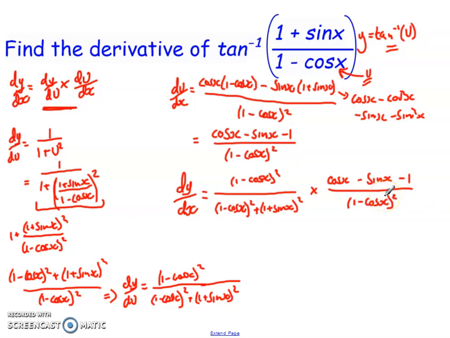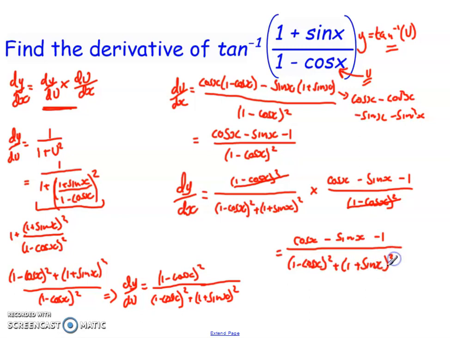We need to stick it all together and simplify. The (1 minus cos x) squared goes from both of these, so when I put it all together, I get cos x minus sin x minus 1 as the numerator, and my denominator is (1 minus cos x) squared plus (1 plus sin x) squared as well. So there you go, that's my dy by dx.